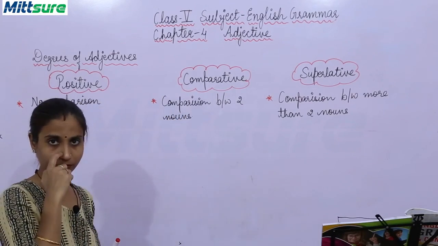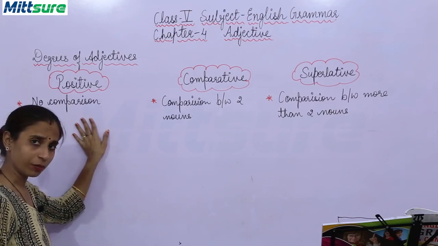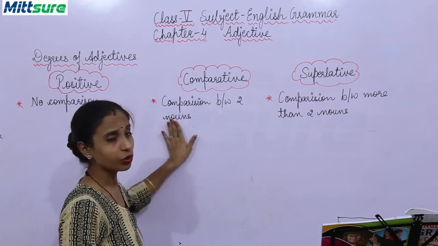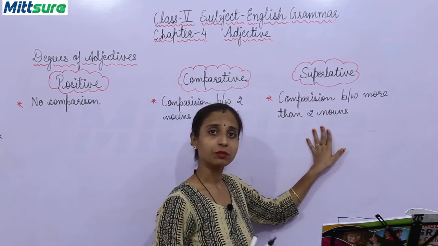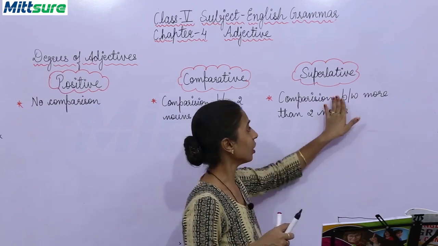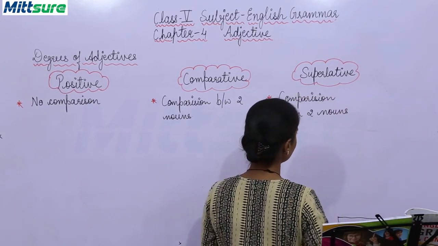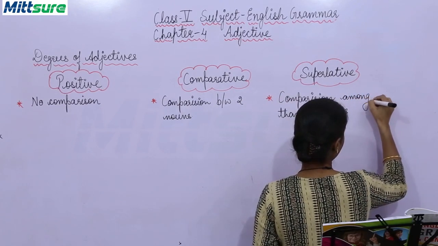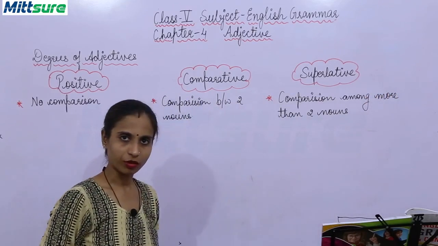All right. So, positive degree when there is no comparison, comparative degree when there is comparison between two nouns, and superlative degree when there is comparison among, not between, among more than two nouns. All right.